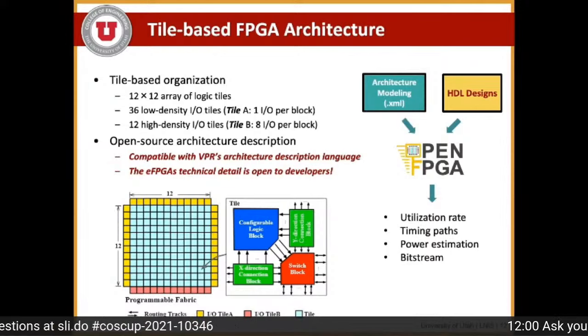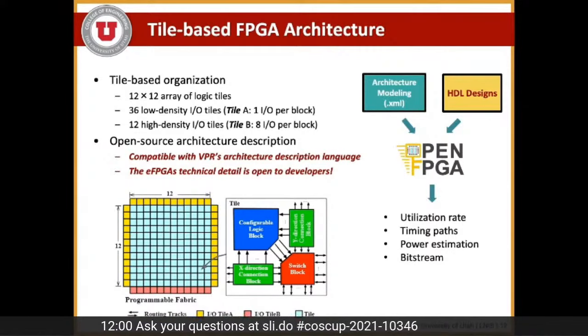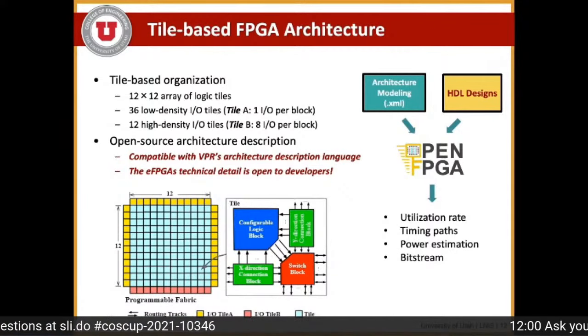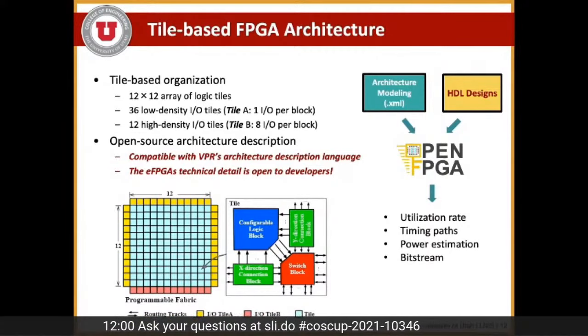For these FPGA IPs, the embedded FPGA technical details are fully open to developers. This is something you can never imagine in the commercial world, where FPGA vendors or creators can be so transparent to developers.